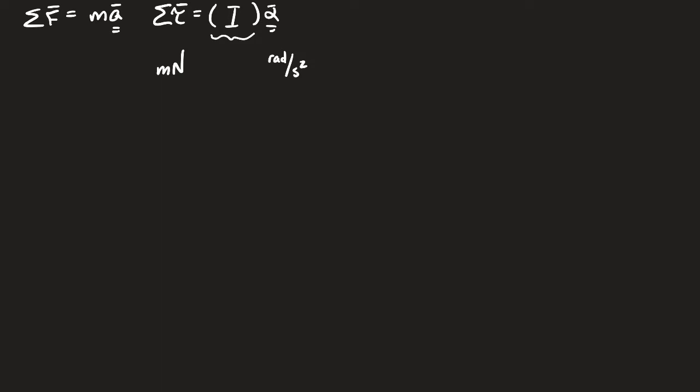Now, radians doesn't carry over if there's any other unit there, so the unit of moment of inertia has to produce meters, kilogram meters per second squared, suggesting that all of this has to be the unit for the moment of inertia. So its units will be kilograms meters squared.